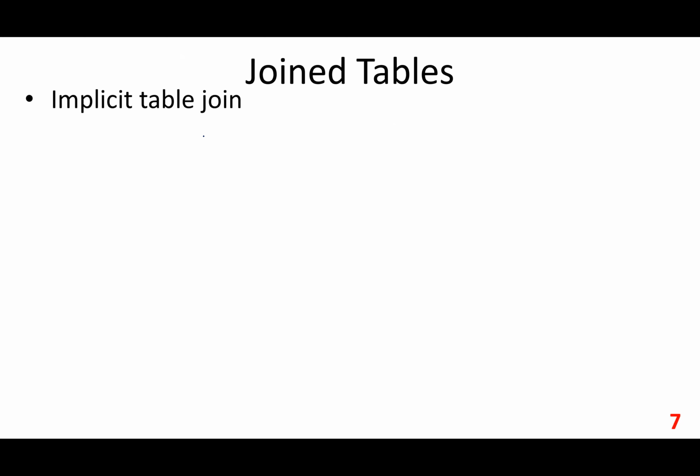Implicit table join. What we use in our class is the implicit table join. That means you do not see the JOIN keyword. That's implicit. But many students use the explicit table join, because they put the JOIN keyword there.